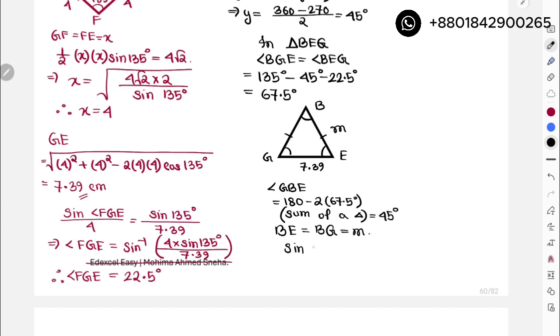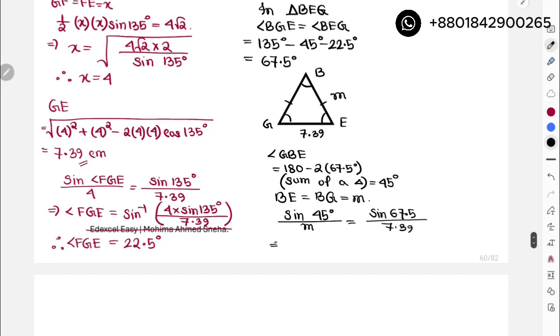So we have finally sine 45 divided by that one of the length m, and then again sine 67.5 divided by 7.39. From here if I want to make m the subject, it will be 7.39 sine 45 divided by sine 67.5.